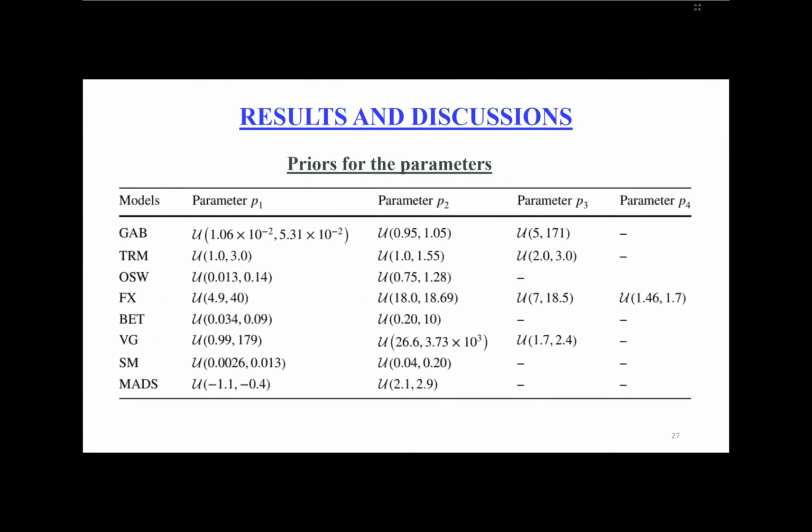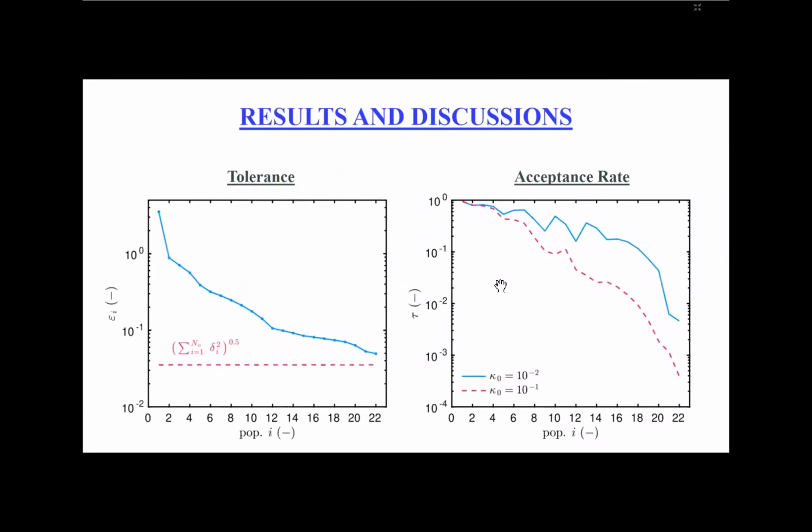So these are the uniform priors, and you see that some of them are not very informative, and they include a large variation of the parameters.